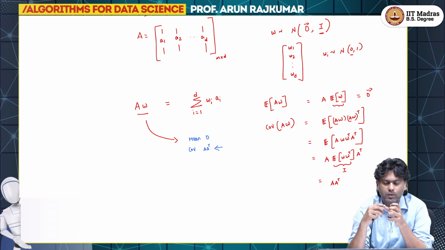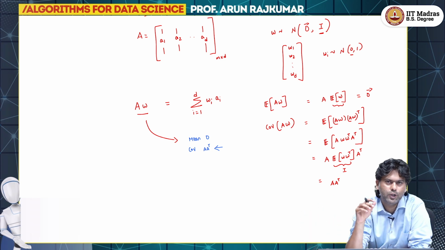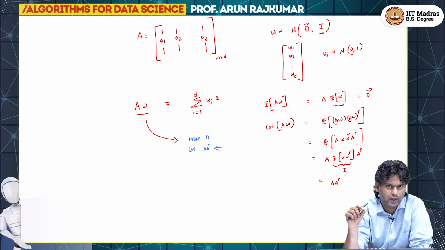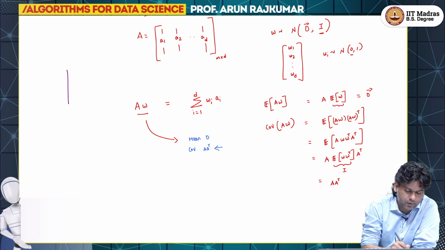When I say energy, it means that if a lot of the variance of A is captured in a specific direction, then if I do a random linear combination, I'm also going to get something in that direction. Think of this in maybe even 2 dimensions. Let's say the columns of A were all like this.